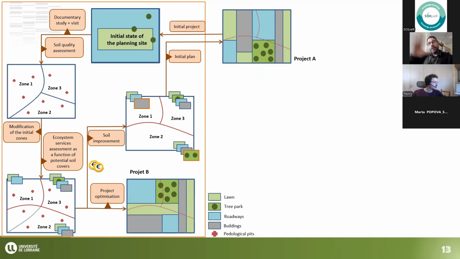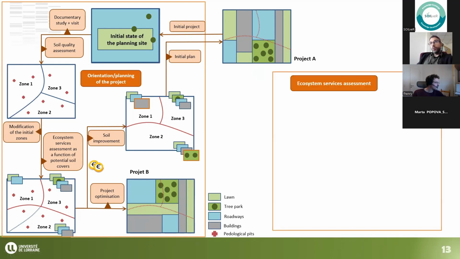And you can just move one land cover or move land covers within the site in order to really take the whole soil potential into account. And by doing that, you wouldn't need to bring topsoil or to landfill or to excavate the actual soil. You can really use all the soils that are actually on the site.